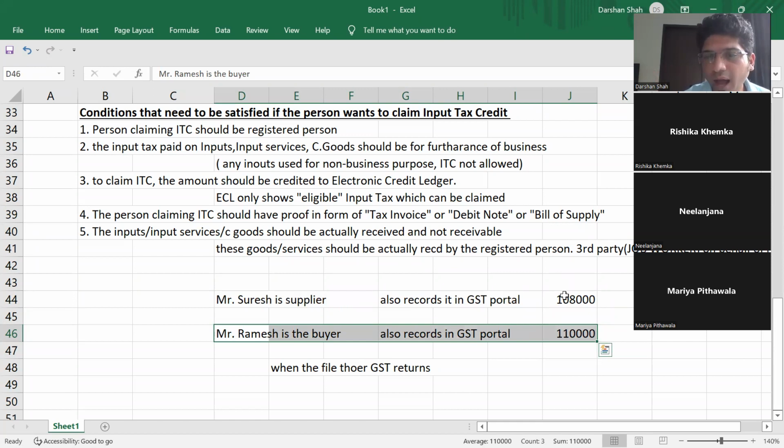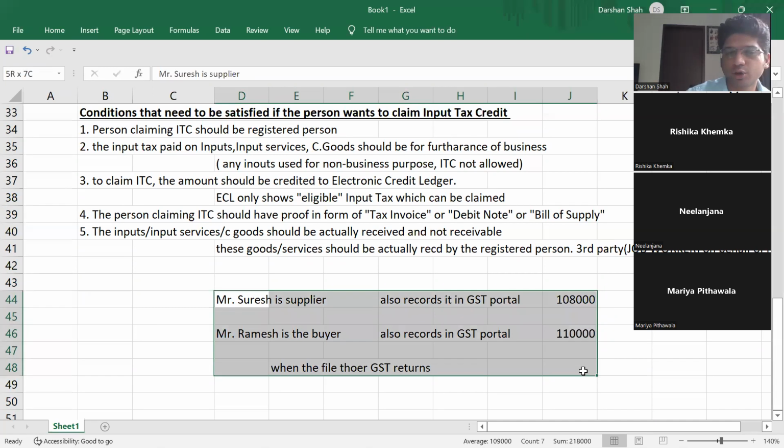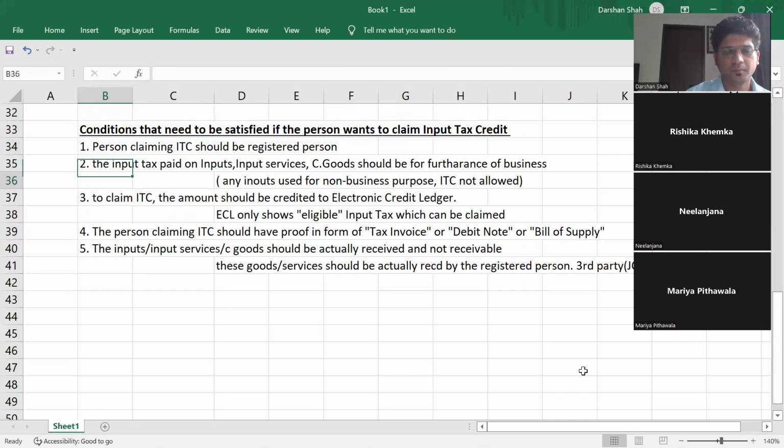Either both of them have to show 1,08,000 or both of them will have to show 1,10,000. Understand how the cross checking is done? This is why both of them have to be registered. Only a registered person can claim this ITC. First condition: person claiming ITC should be a registered person.